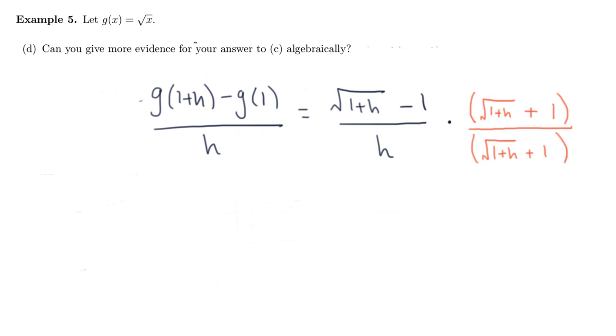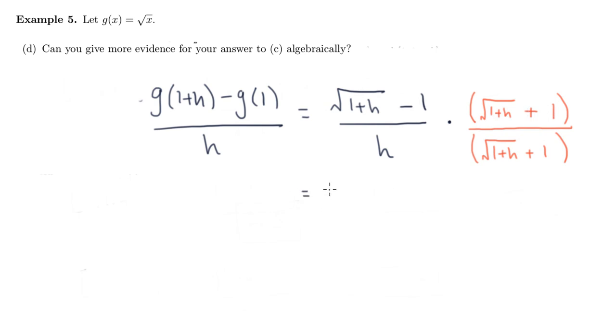Okay, and it's really okay if you are thinking right now, why in the world would I do this? Well, you do this because it's going to do something amazing. Let's think about what happens. The reason I multiplied by this conjugate, changing this minus to a plus, is that this top numerator is actually a difference of squares. So it's something minus 1, and then that same something plus 1 multiplied together.